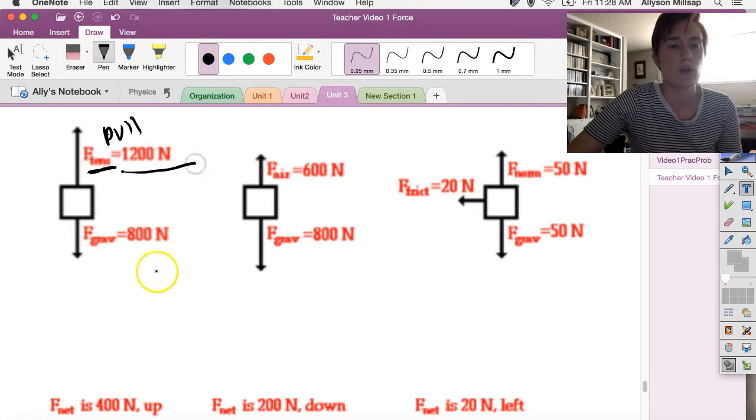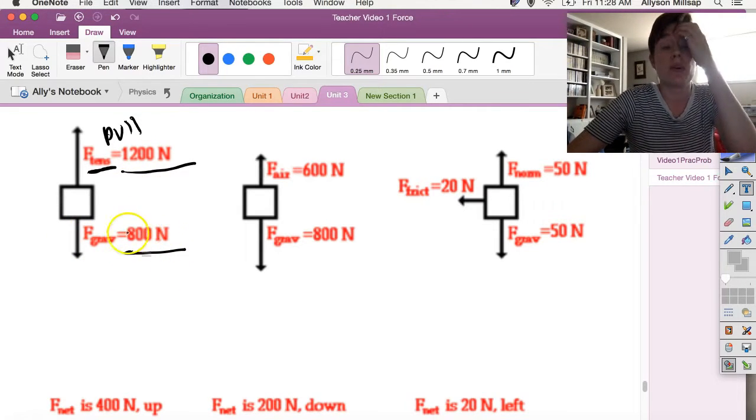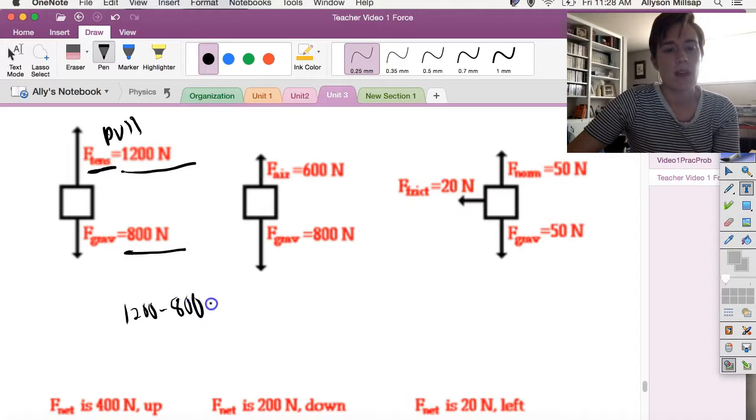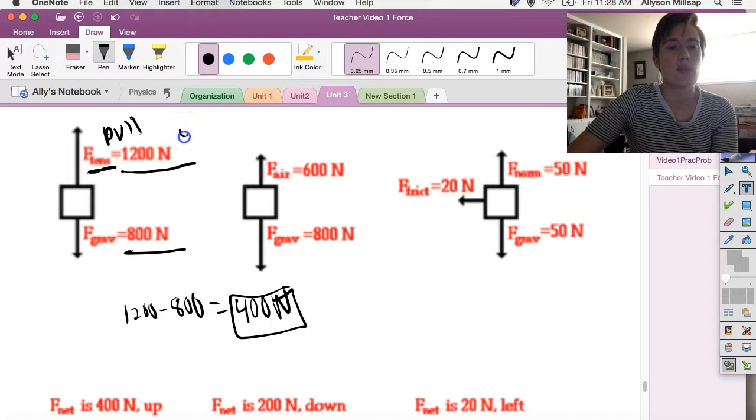It's being pulled with this much force, but gravity is pulling on it with this much force. They're not equal. Even though they're opposite, they're not equal. So I can subtract them, and I can see that here's my net force. It's going to be pulled upward with this much force. That's how much is left over.